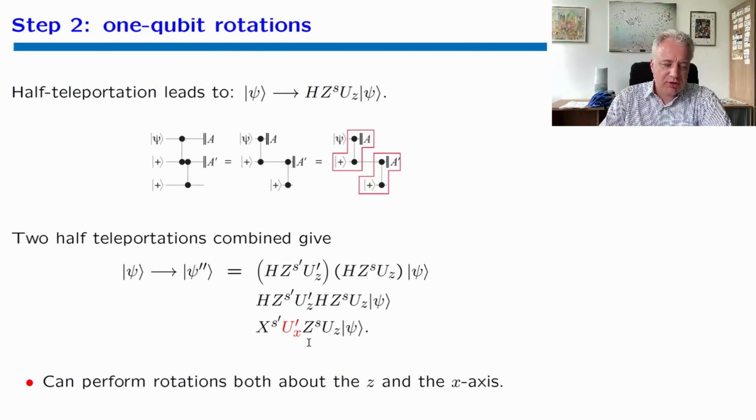So the upshot of this argument is we can implement both z and x rotations, and they are implemented in an alternating fashion. If you have a qubit on an odd site, say, then it realizes a z rotation, and a qubit on an even site realizes an x rotation. So the location of the qubit tells you what rotation it implements.